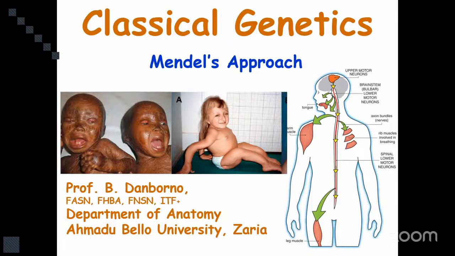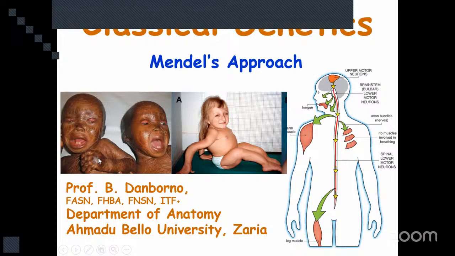So here, what you are seeing on this slide are classical examples of conditions that arise from monogenic disorders. And then, like I said, subsequently, we'll also look at the ones that arise from multifactorial and polygenic disorders. What you are seeing here is a child that has a disorder of the skin that we call ichthyosis.